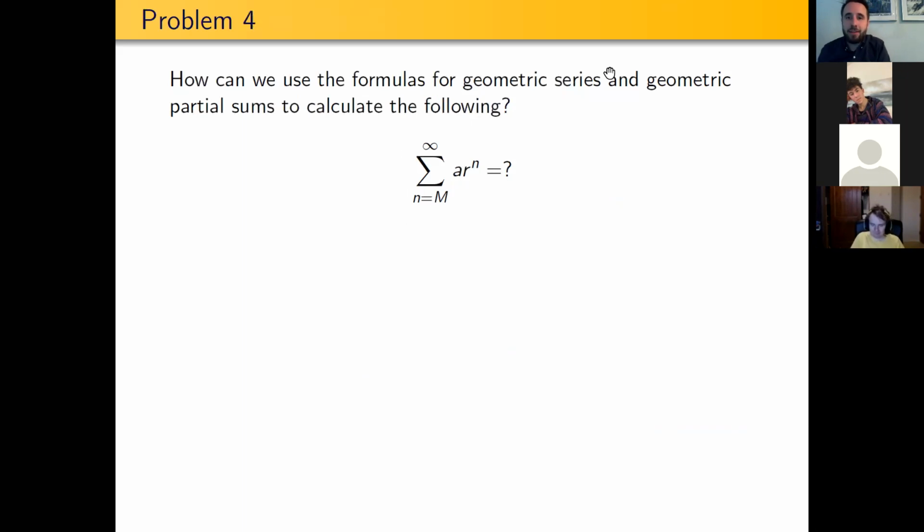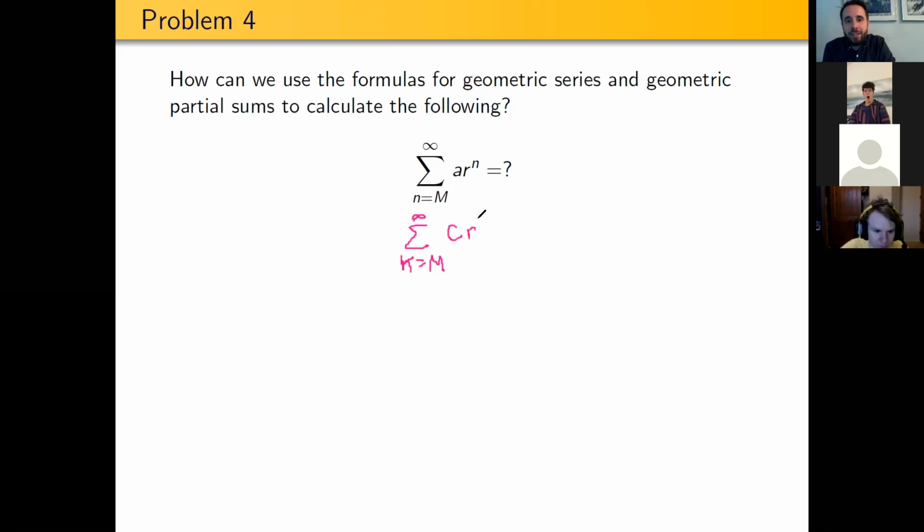Let me point out, there's a little bit of translation of notation here, but this is equivalent to the sum as k goes from some value to infinity of c times r to the k.